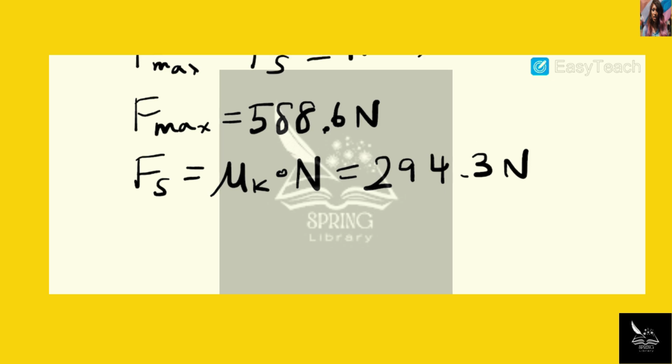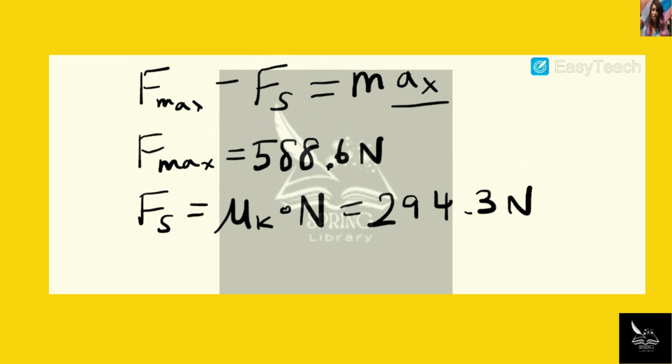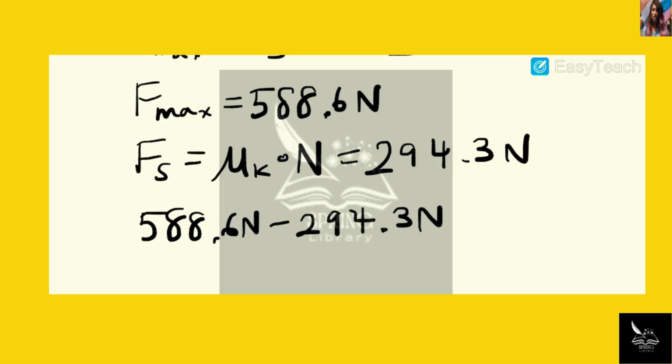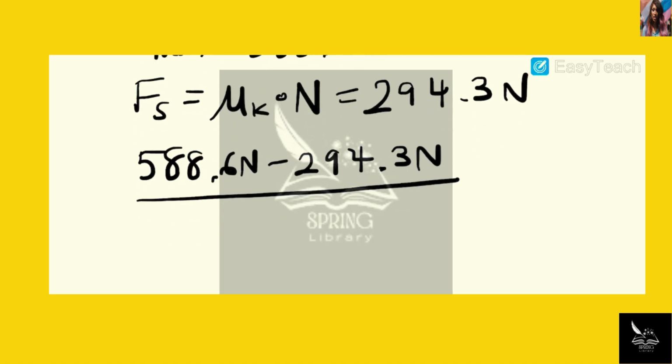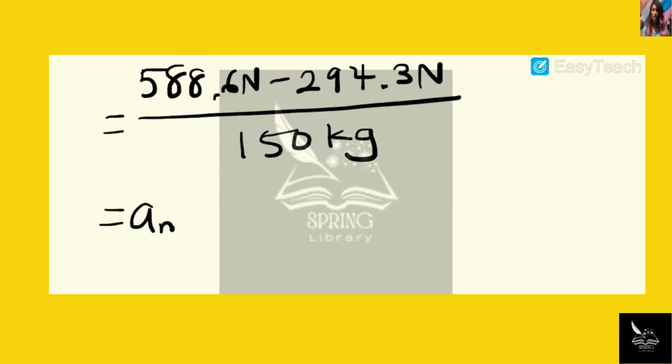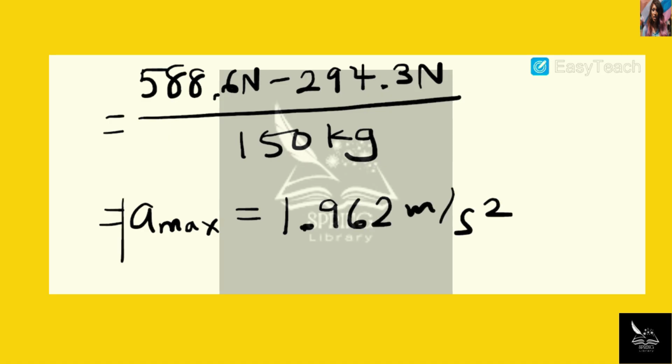Then we can directly solve for a x in this equation and say that this will be equal to 588.6 newtons minus 294.3 newtons divided by the mass of the box, which we know to be 150 kg. And this gives us a maximum acceleration of 1.962 meters per second squared, and that's our final answer.